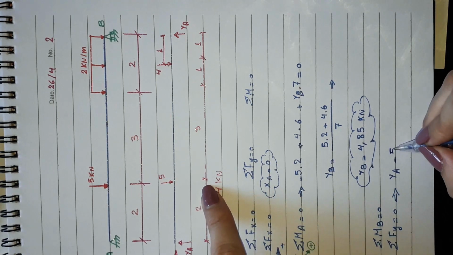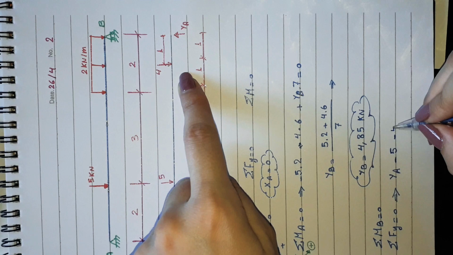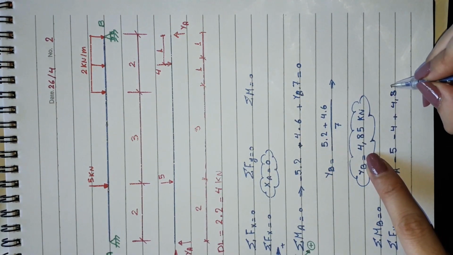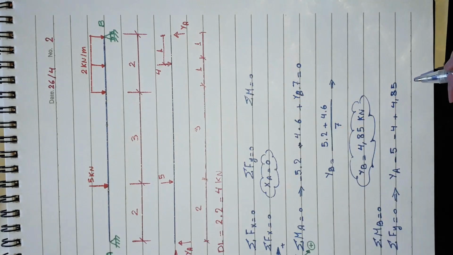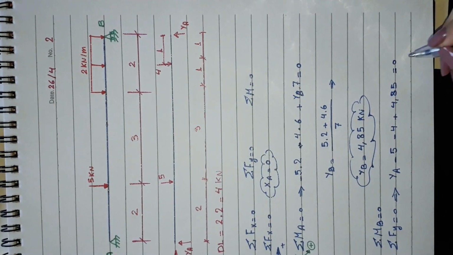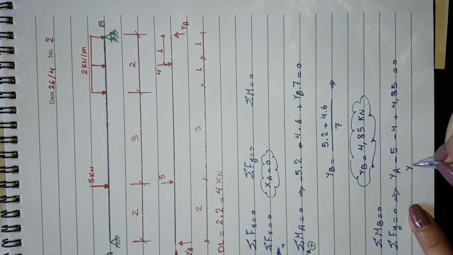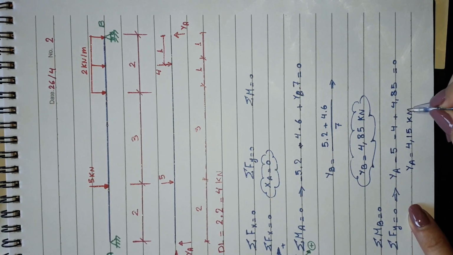Minus 5 minus 4 plus 4.85, which is YB, equals 0. And that means that YA equals 4.15 kilonewton.